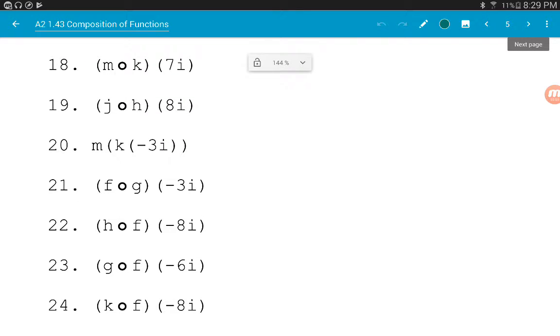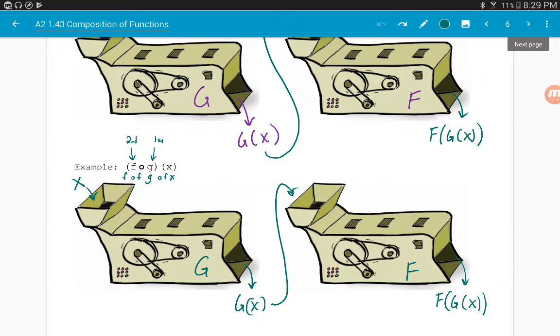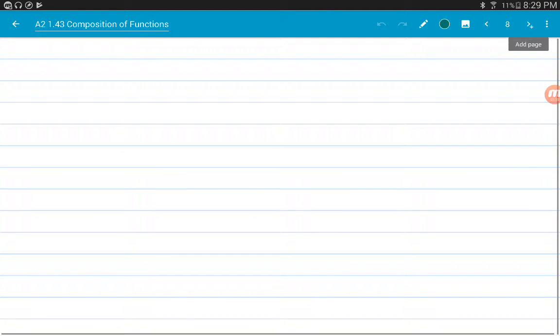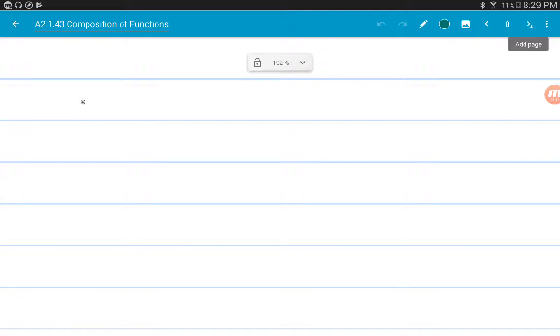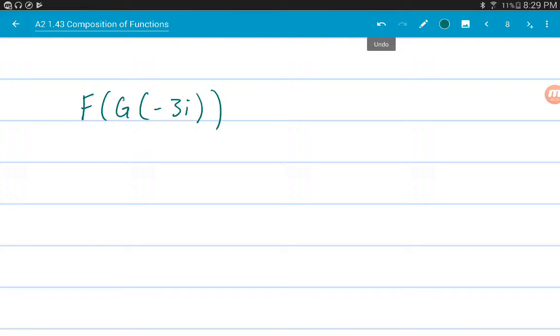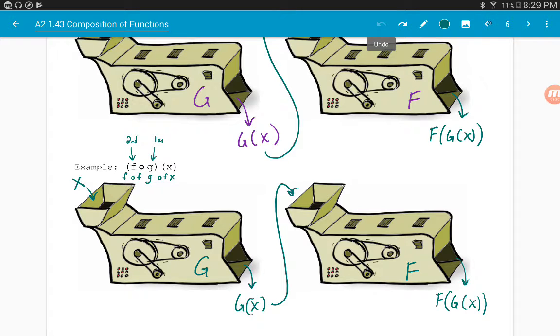Let's pick our first homework question, number 21. I have f of g of negative 3i. Both of the notations are equivalent, so it doesn't matter which one I use.